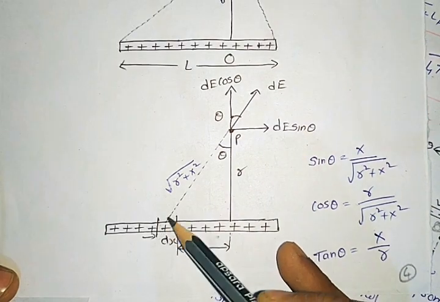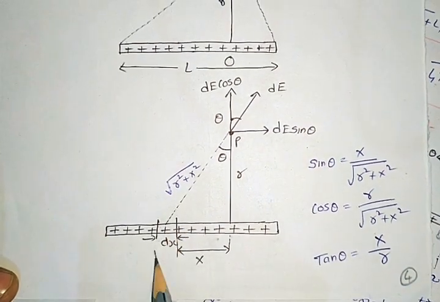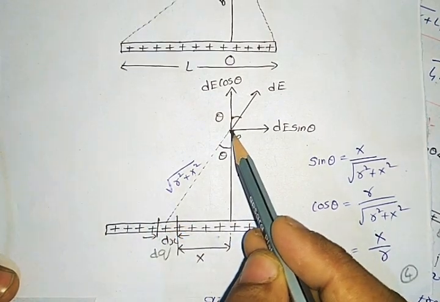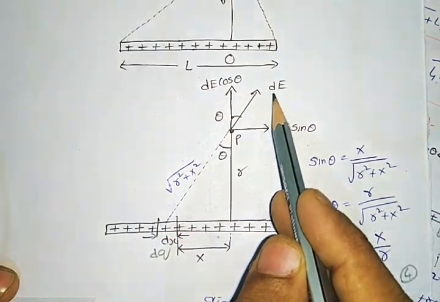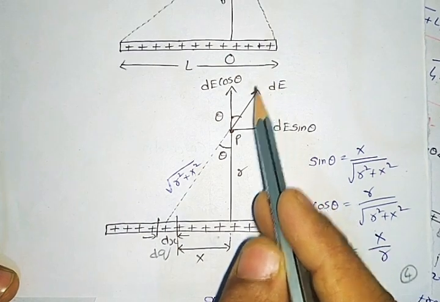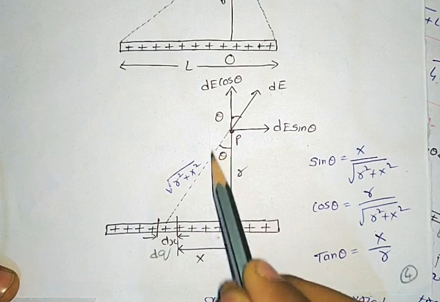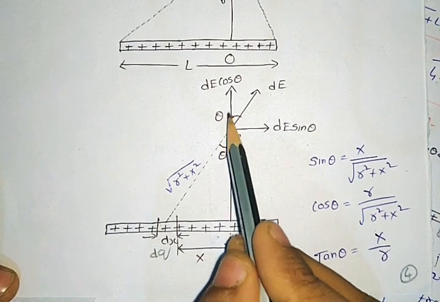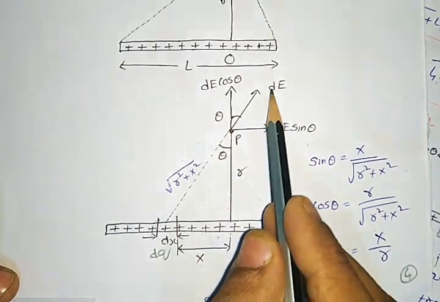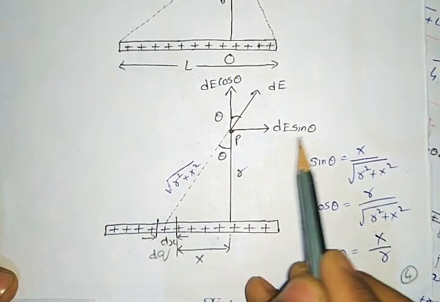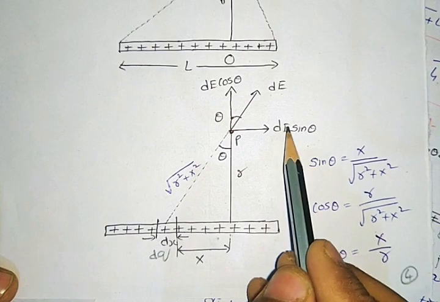Now this particular dx element is having a charge dq here, so because of that there is an electrical field intensity at point P, that is nothing but dE. Again dE will be having two components here, you should be very careful along taking components. So this is the angle theta here, so again this angle will also be theta. So dE vertical component will be dE cos theta, and dE horizontal component will be dE sin theta here.